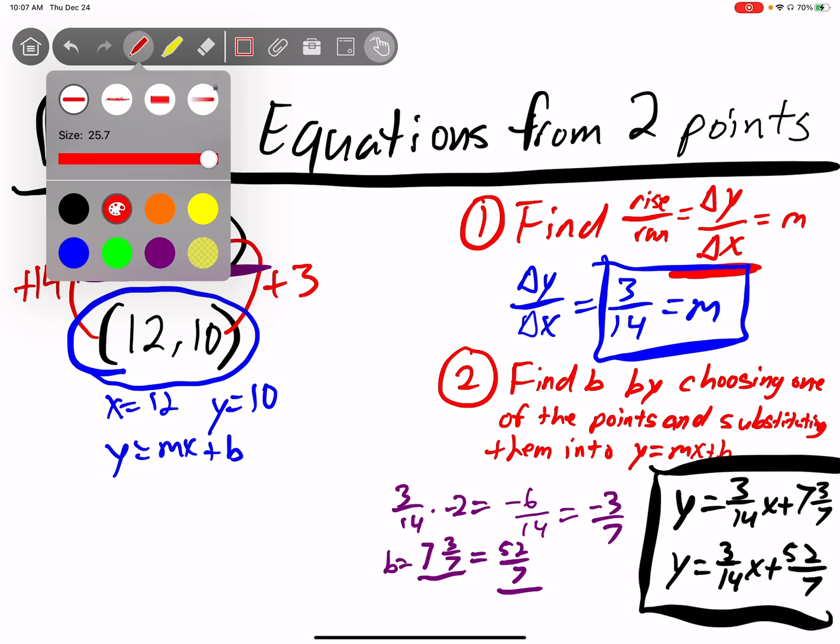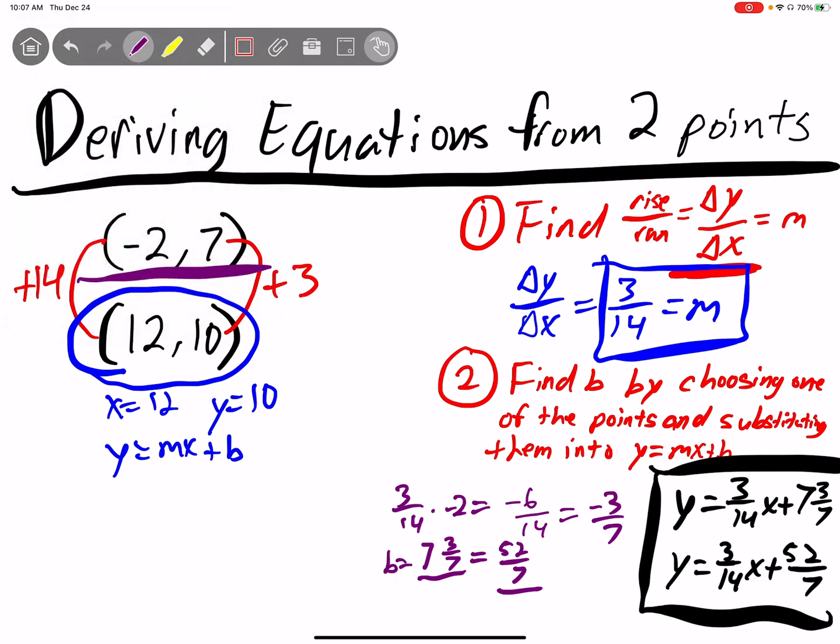So again, y is 10 equals, we know m is 3/14, it's right here, times 12, because that's what x is, it's 12, plus b.